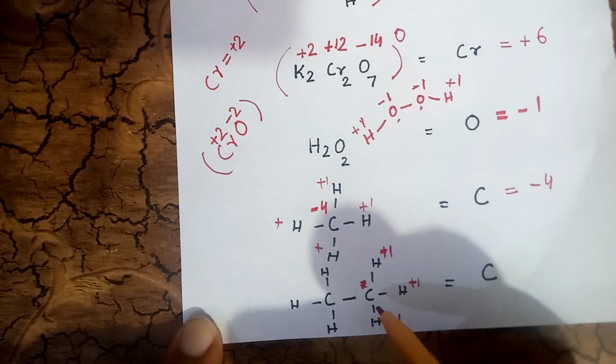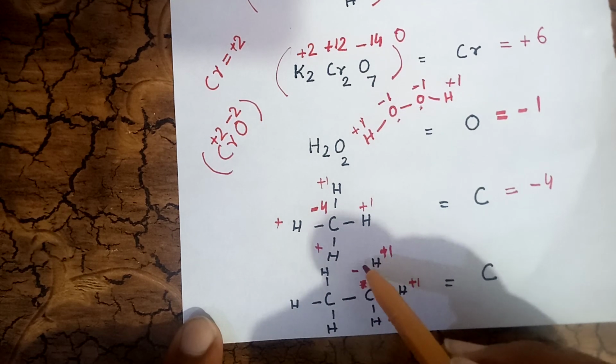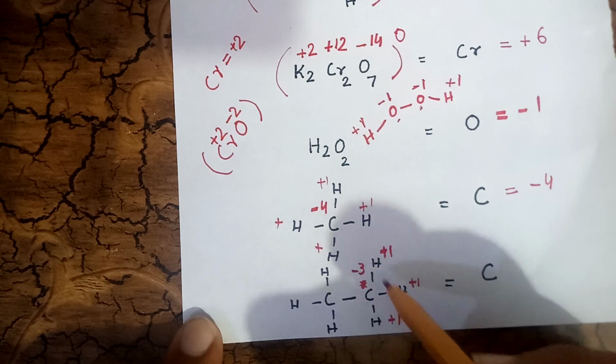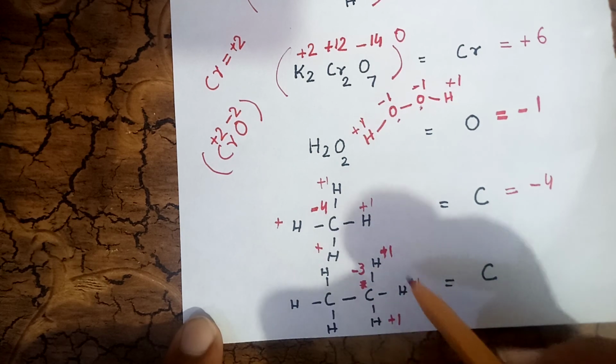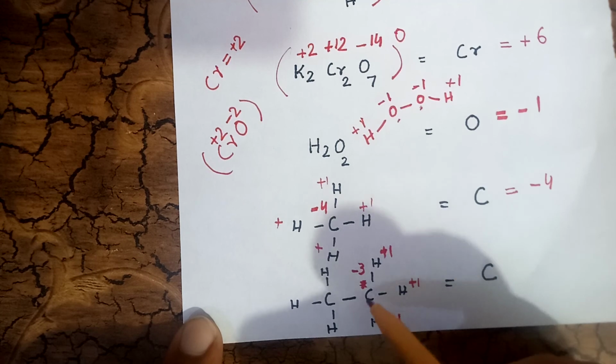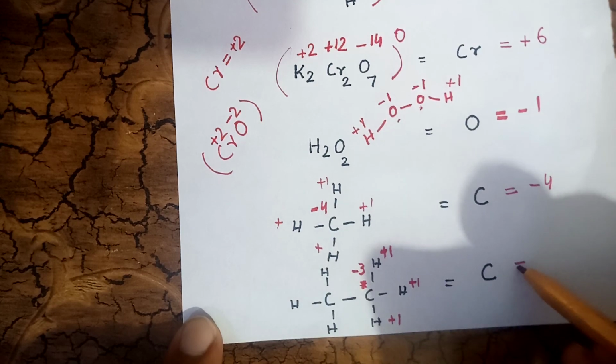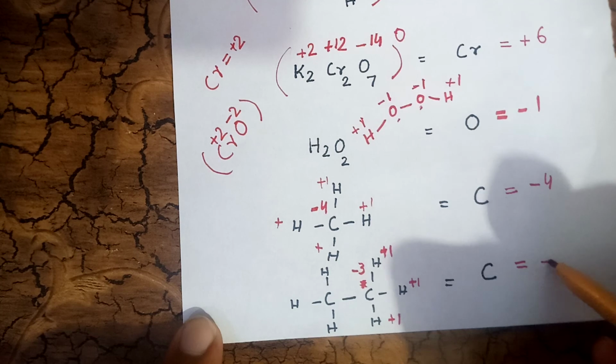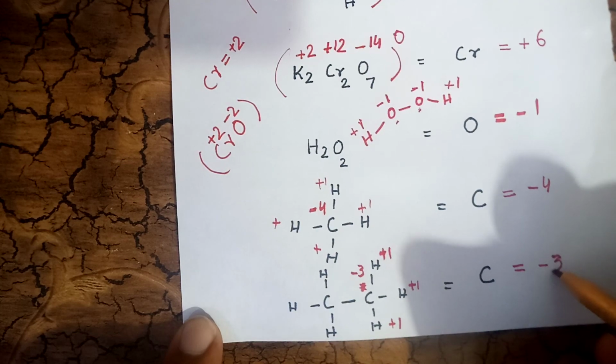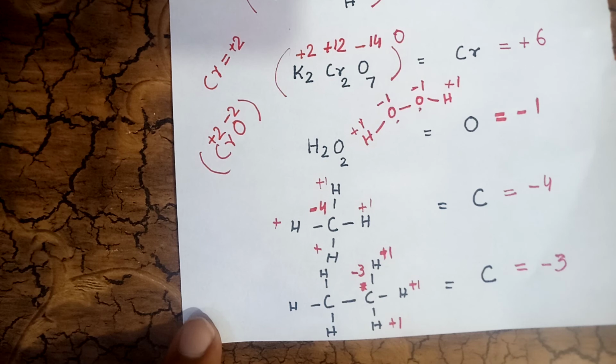So the oxidation state of this carbon is -3, because it is linked with 3 hydrogen, and when it is linked with this carbon, the oxidation state will not be affected. So we can write the oxidation state for carbon in ethane as -3.